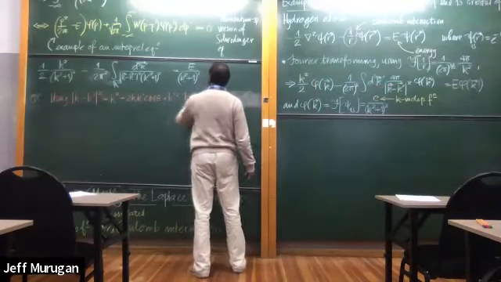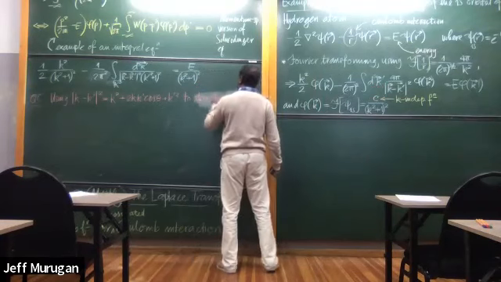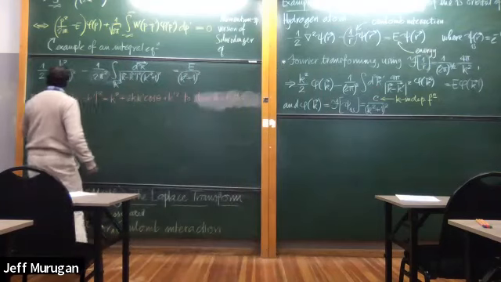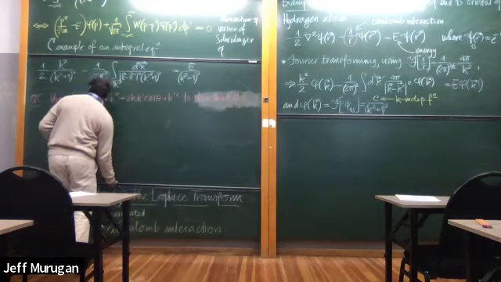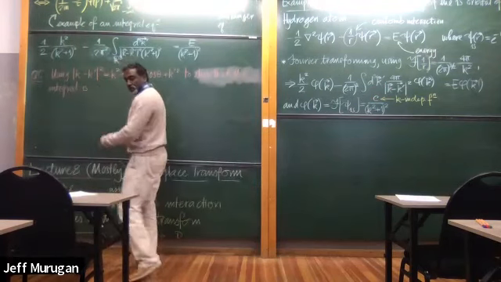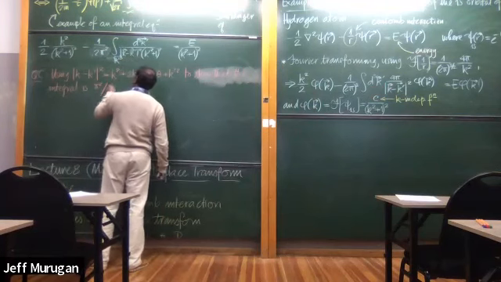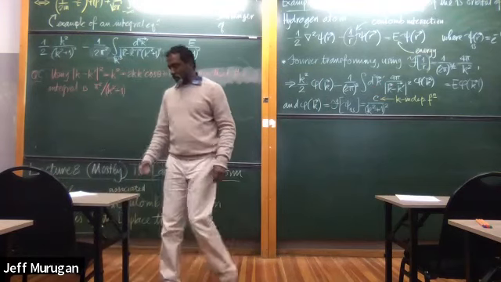So to show that the integral is pi squared over k squared. Okay.